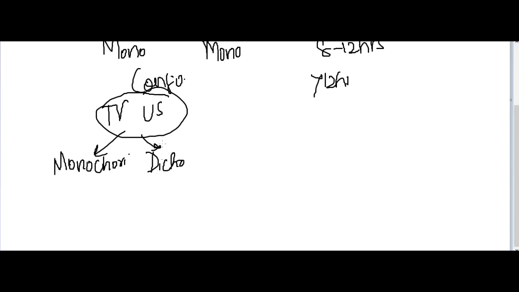In the first trimester itself, transvaginal ultrasonography helps us to differentiate between monochorionic and dichorionic twins.